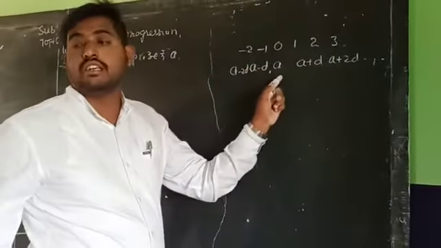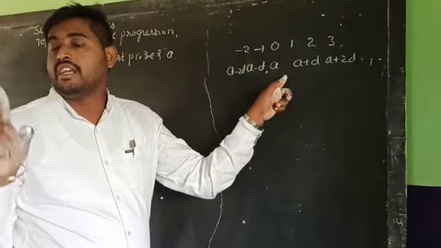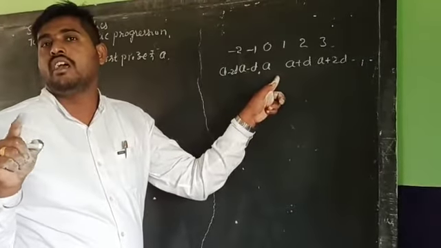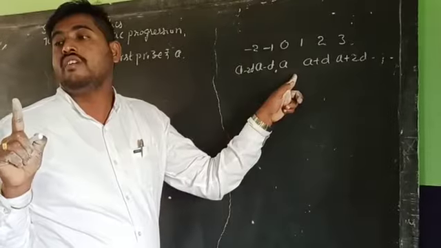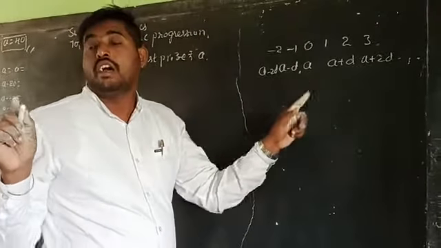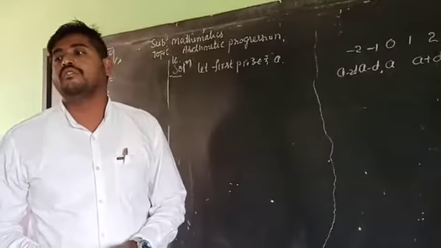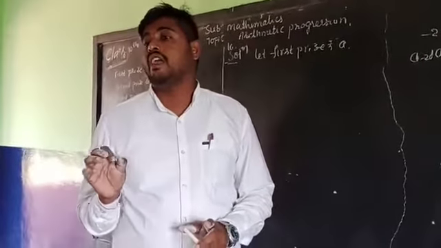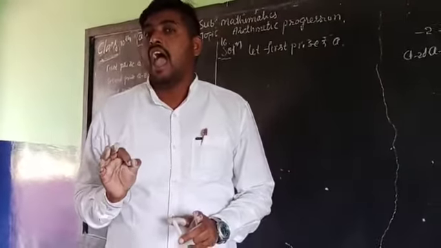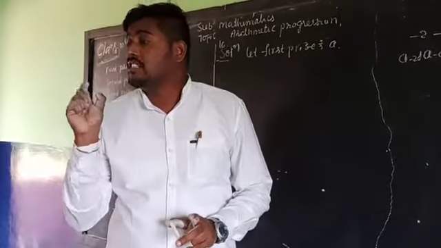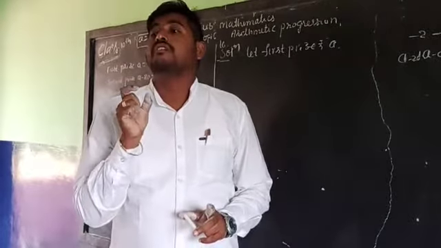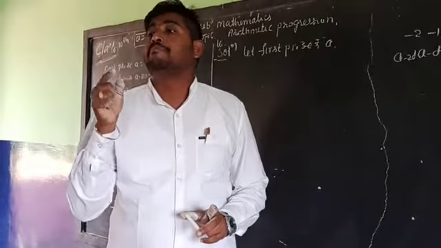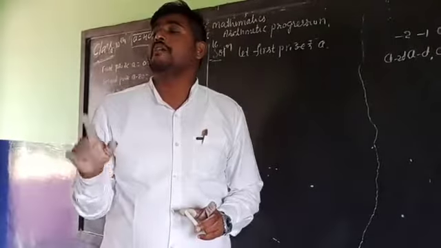The next successive term is A plus D. What is arithmetic progression? What is the definition of arithmetic progression? An arithmetic progression is a list of numbers in which each term is obtained by adding a fixed number to the preceding term, except the first term.